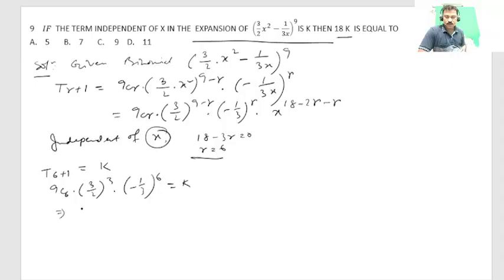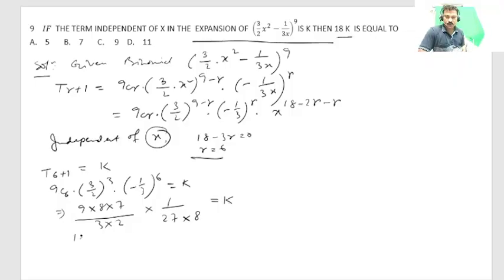So we get 9 into 8 into 7 divided by 3 into 2 into 1, by 27 into 8, 2 cube equals 8, that is equals k.